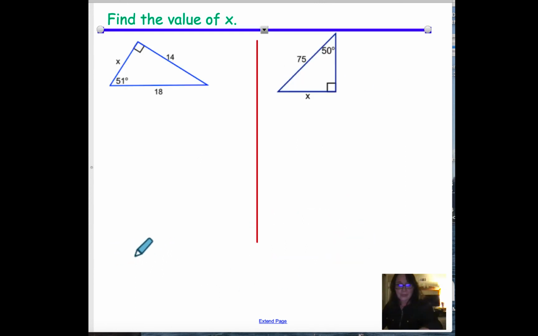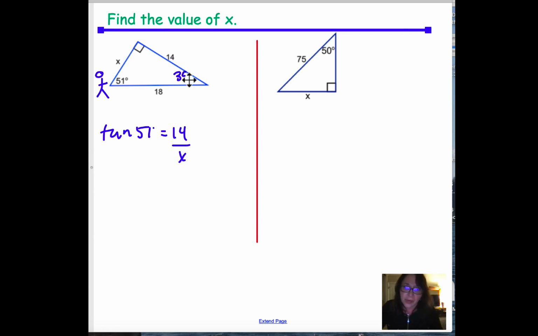Okay. For this problem, find the value of x. Again, you have all the sides, so you have so many options here. You could put yourself at this angle here, and say tangent of 51 degrees is equal to the opposite side over the adjacent side. You could go 90 minus 51 and get 39.